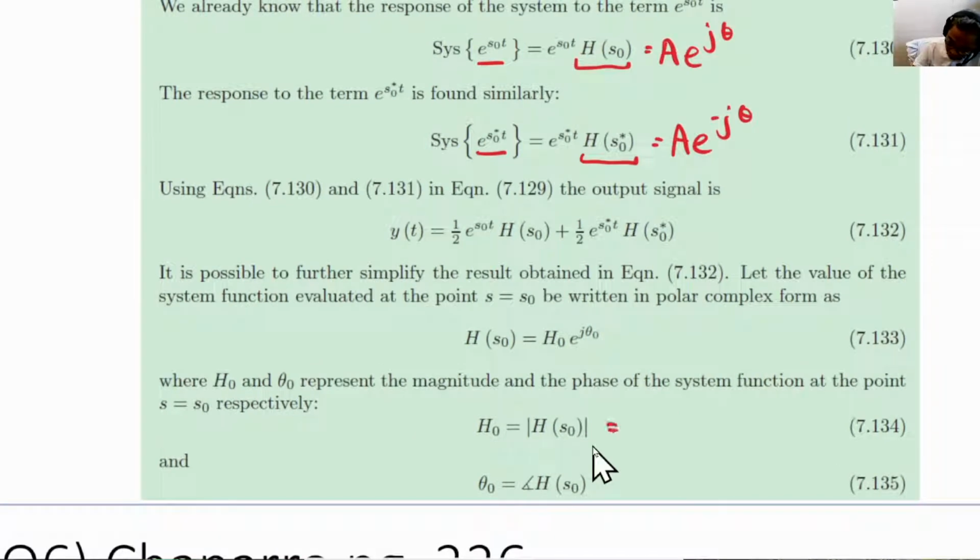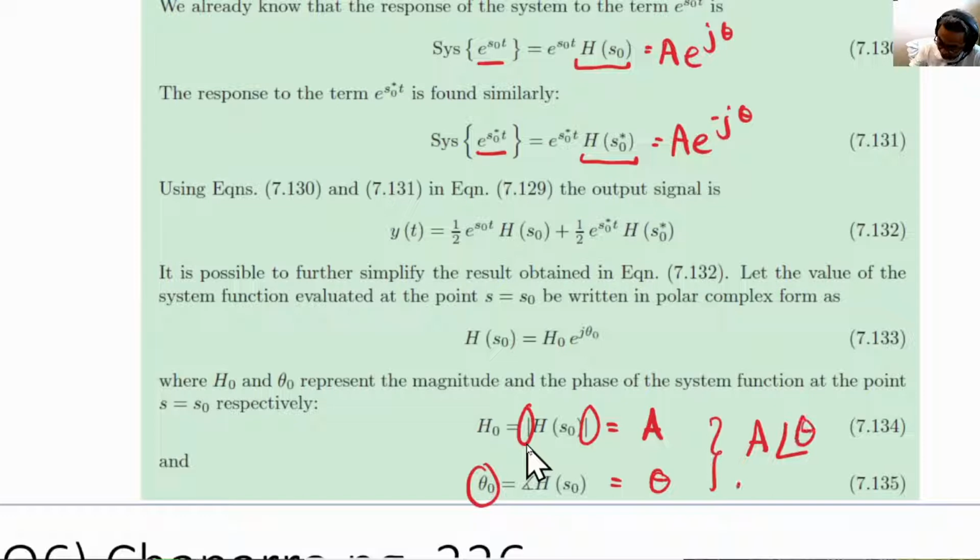Sometimes it's written using this notation, the absolute value of H of s naught, which is the magnitude gain, and then this is the phase theta. So sometimes you will also write it as A angle theta or A e to the j theta. We like to write in the polar or complex exponential form because it explicitly shows the magnitude and the phase that will be introduced to e to the s naught t.